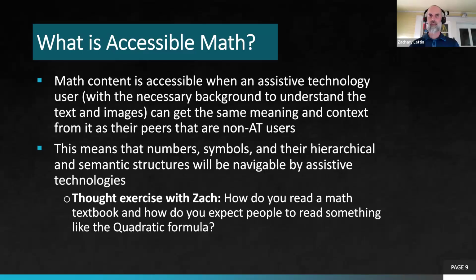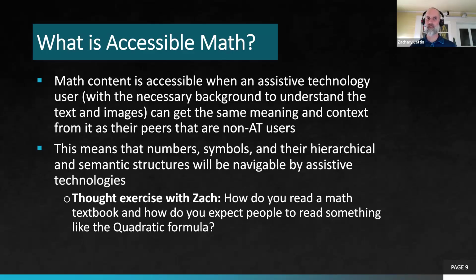Math content is accessible when an assistive technology user with the necessary background to understand the text and images can get the same meaning and context out of the content that their non-assistive technology using peers can get.